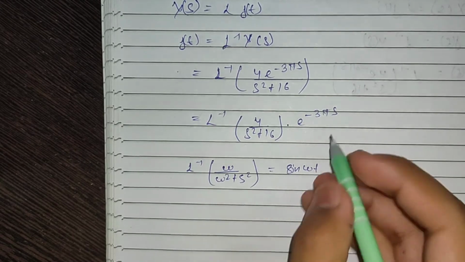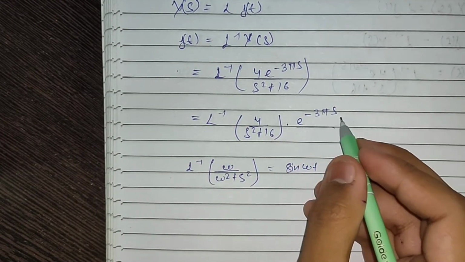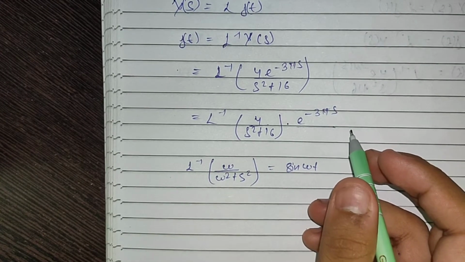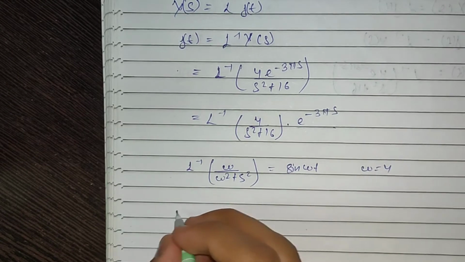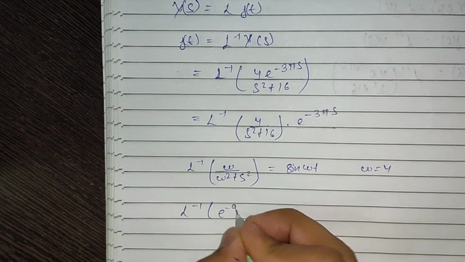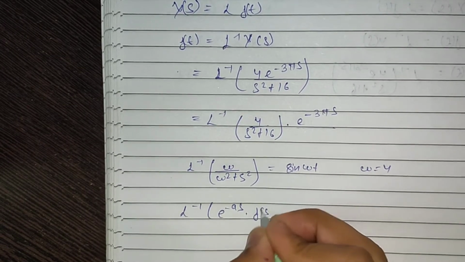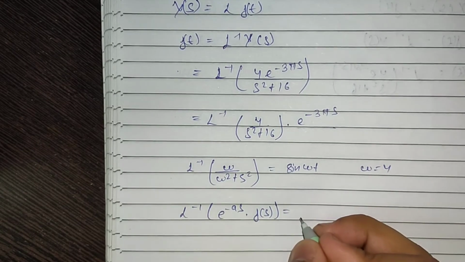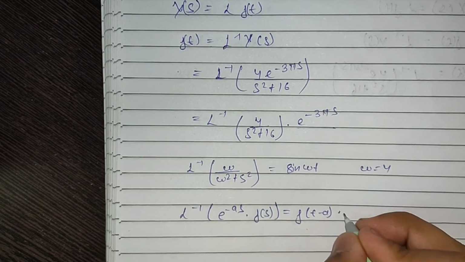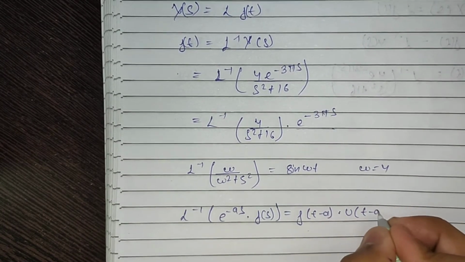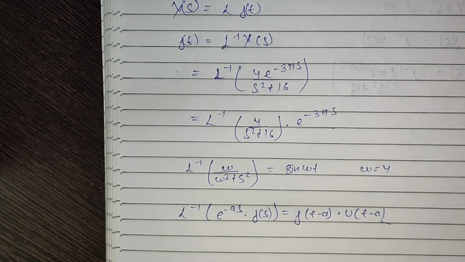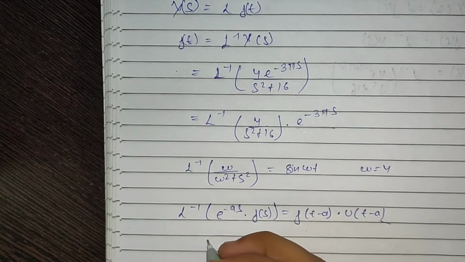But still we are left with this term e to the power minus 3 pi s. So for that we'll use another property, which is the Laplace inverse of e to the power minus a s times F of s is equal to f of t minus a multiplied by u of t minus a. This u is that unit step function which I mentioned earlier.